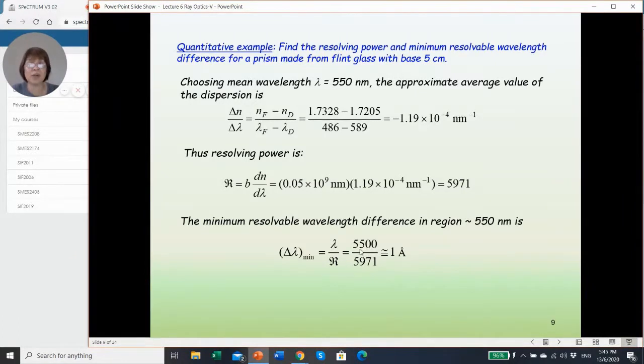That will be 5,500 angstrom divided by 5,971, and that's approximately 1 angstrom. This means that this flint glass prism with a base of 5 cm would be able to resolve a wavelength difference as small as 1 angstrom.